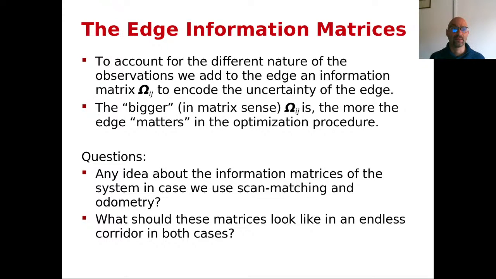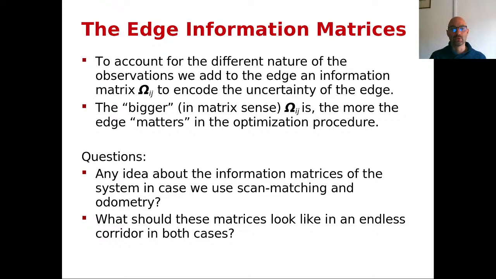And the covariance matrix will reflect, in this particular case, if the system is well programmed and the right assumptions are made, something which is stretched along the axis of the corridor, just to encode that along that direction you don't know much. Okay?